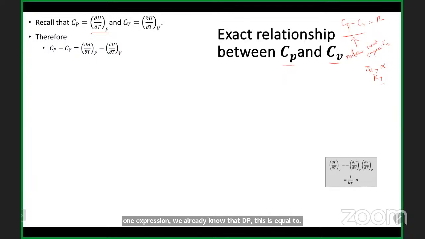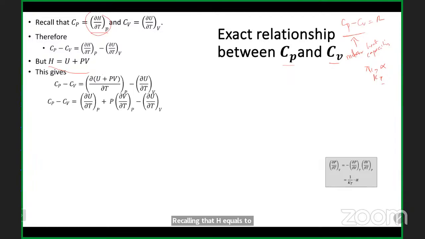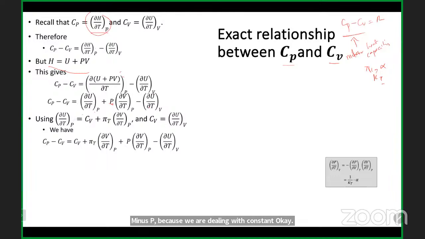So Cp minus Cv gives dH/dT at constant P minus dU/dT at constant V. Recalling that H equals U plus PV, and putting it in that equation, we arrive at dU/dT at constant P plus P dV/dT minus dU/dT at constant V. Because we are dealing with constant pressure, and we have already, in the previous slides, obtained dU/dT at constant P, and we know what Cv equals.